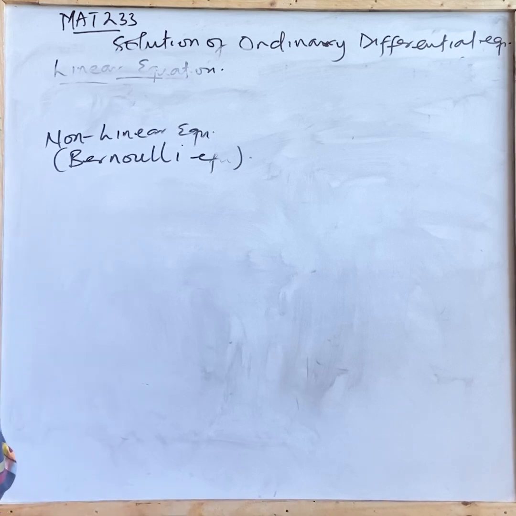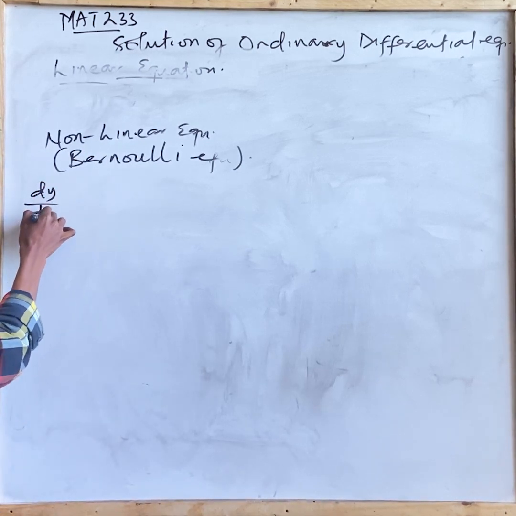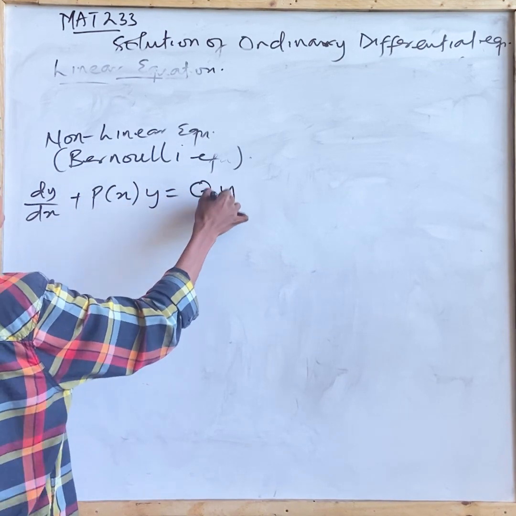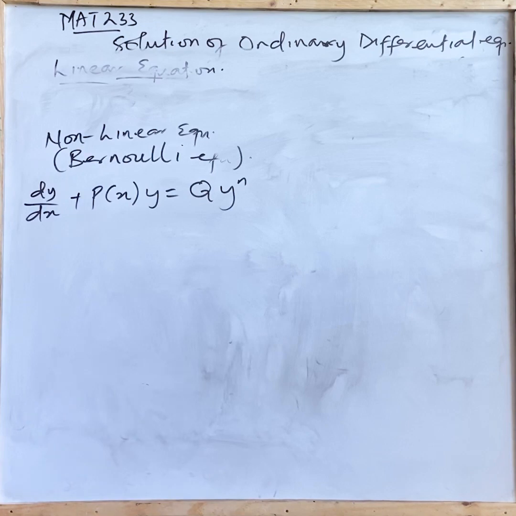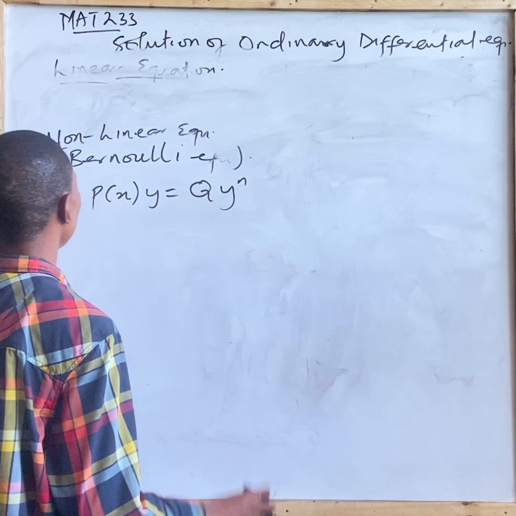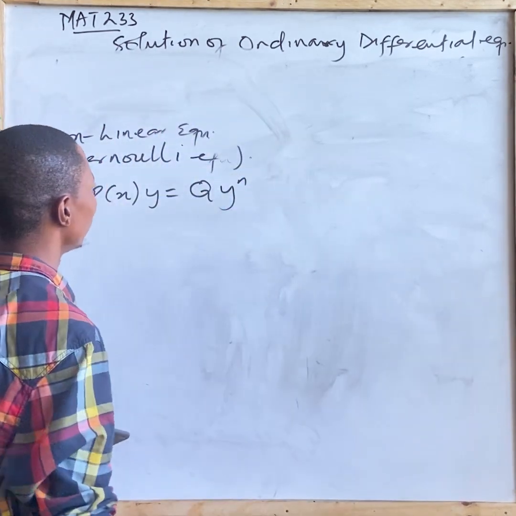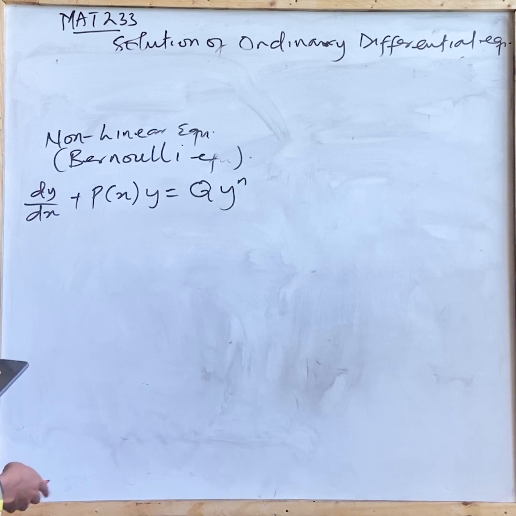The non-linear equation is in the form dy/dx plus p of x times y equals q times y raised to power n. So unlike the other one, which is dy/dx plus p of x times y equals q, the non-linear one is dy/dx plus p of x times y equals q y raised to power n. So how do we solve a non-linear equation?